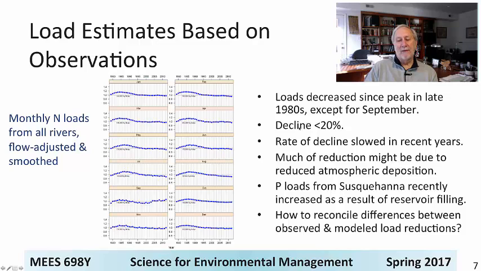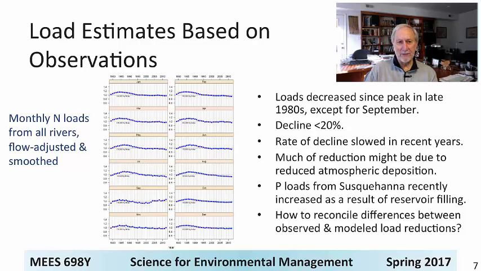Is that due to some lag time, or is that because of some other misestimate of what the trends really are? Or is the model wrong, or do we have misunderstood the observational data, or not included direct inputs and things like that in this assessment?